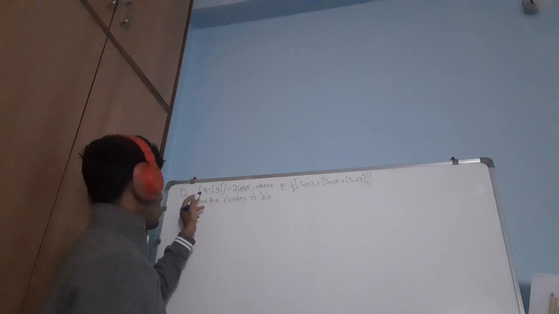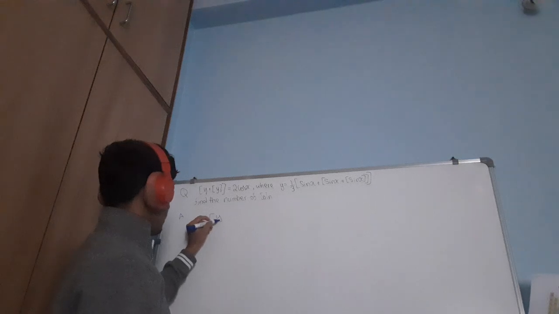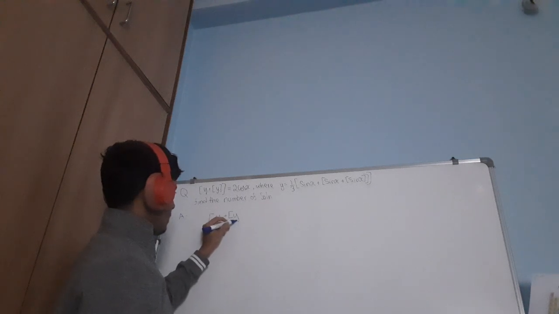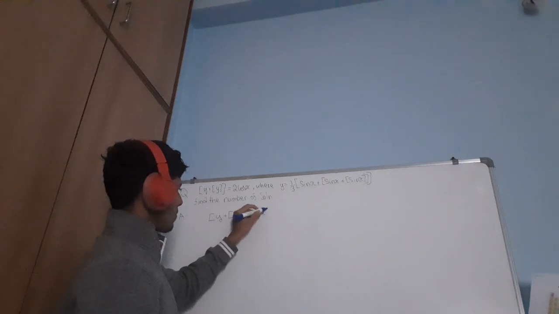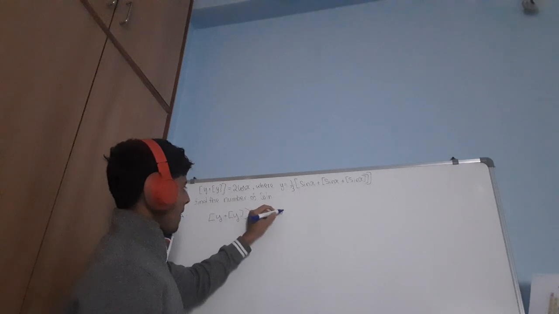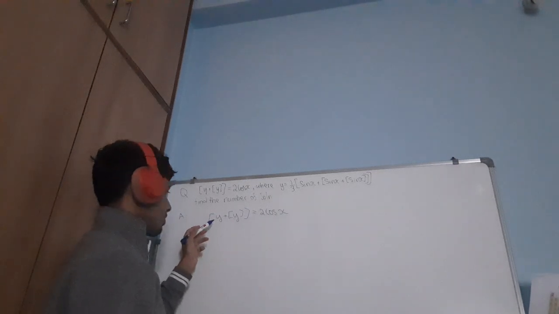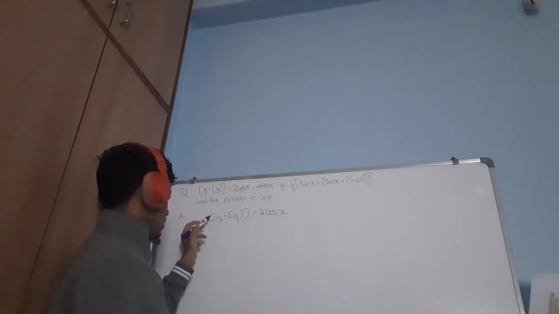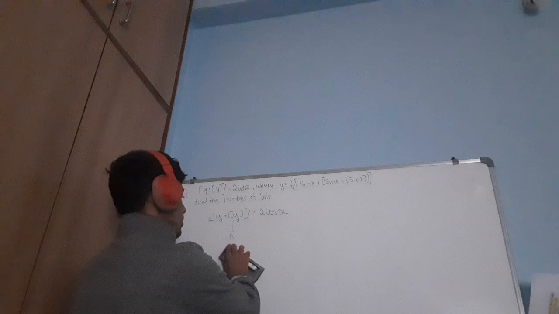Here they're given box of y plus box y is equal to 2 cos x. So now let's just simplify this. As I told you, this is in the form of box of x plus n, because this always gives you integers.